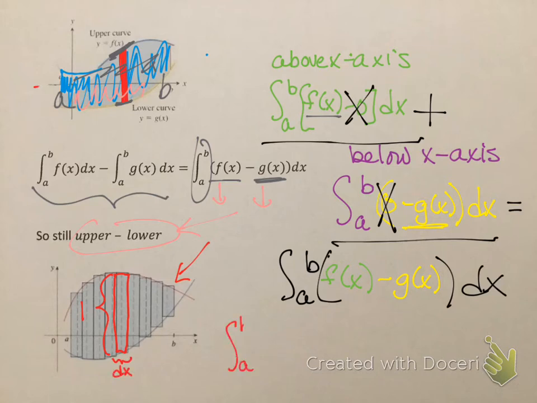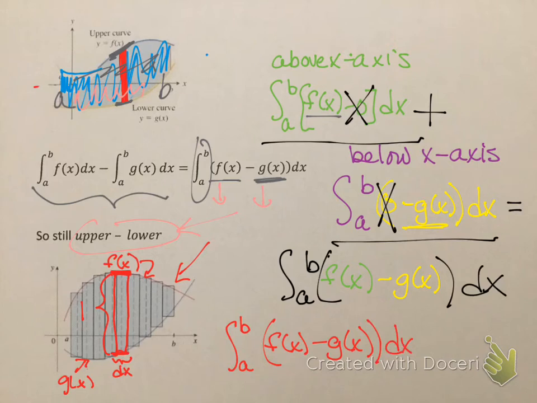You would write your integral from A to B, summing up an infinite number of these rectangles. If this curve is f of x and this curve is g of x, you would write f of x upper minus g of x lower dx.